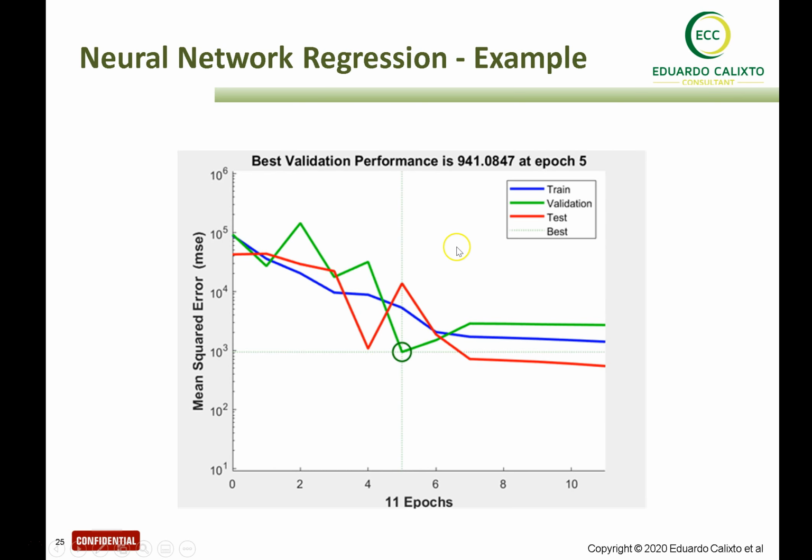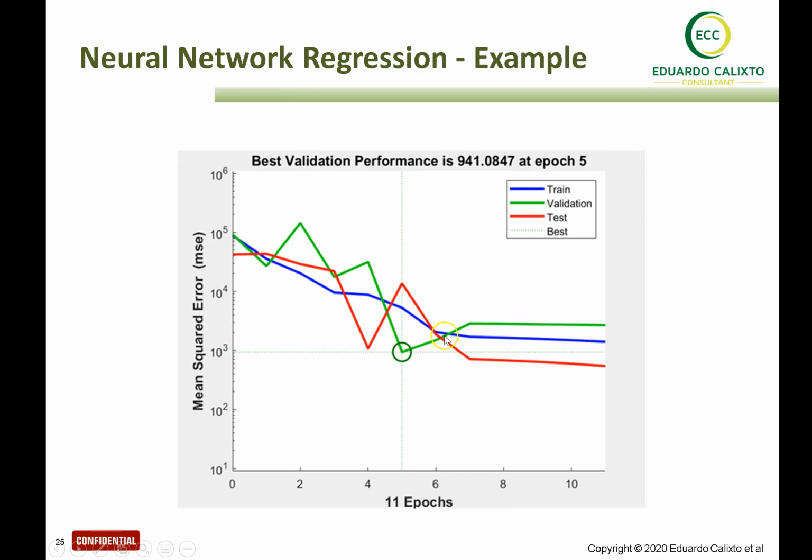They do that 5 times and get the minimal error. Whenever we update the weights, we change the output value, and the output value gets closer to the target. So this graph shows that, considering the validation data set, 5 is the number at which we get the minimum error.